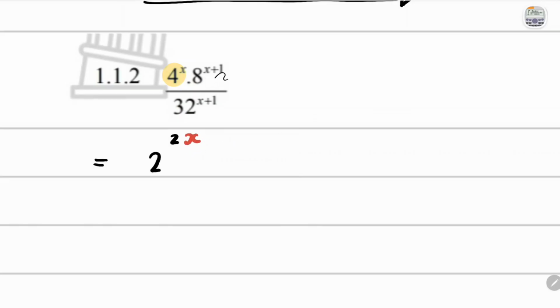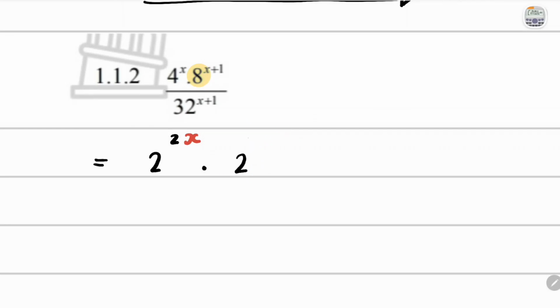Okay, and then you have the 8. So what do we do with this 8 now? How do we express that so that its base is a prime number or its prime factor? So with 8, think about the prime numbers that can go into 8. That would be 2 as well. But 2 to the power of what gives you 8?